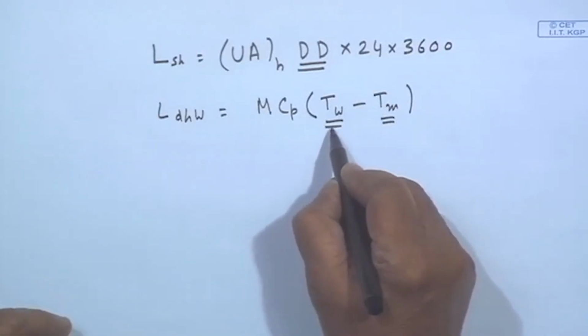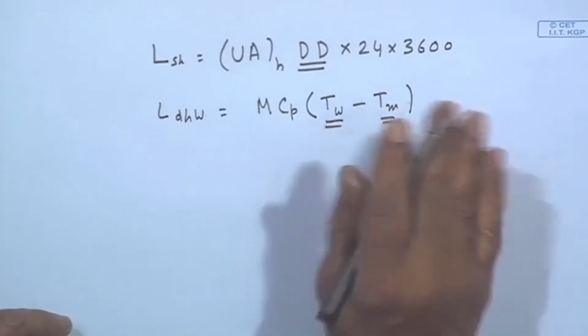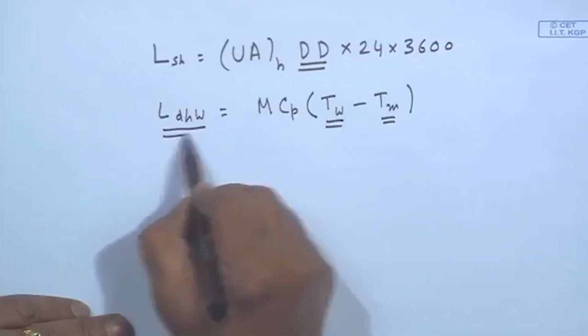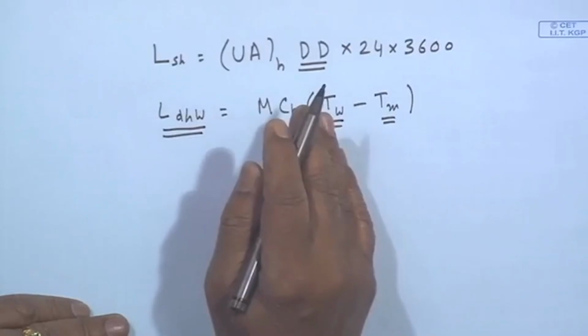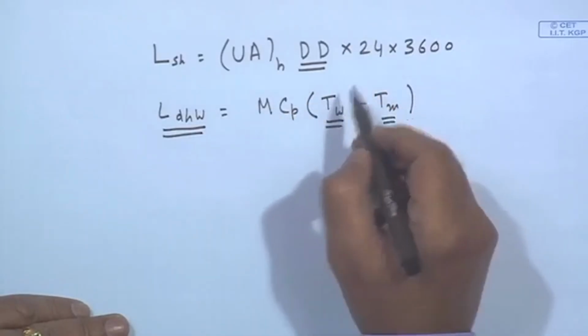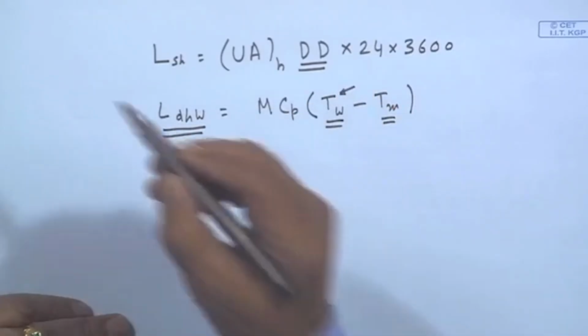Let us also clarify this TW has nothing to do with the T minimum of 20 C. 20 C and above is acceptable to us, and TW is the set point temperature, and if you compare with a conventional geyser, you may set the thermostat at 60 or 50 or 40. So, this TW is used to estimate only the load, not to be confused that the solar energy system is going to supply at TW.